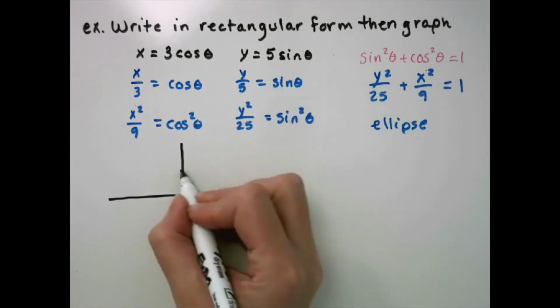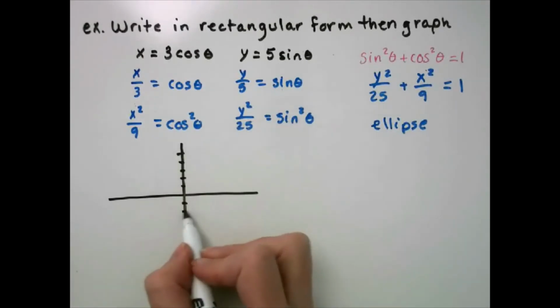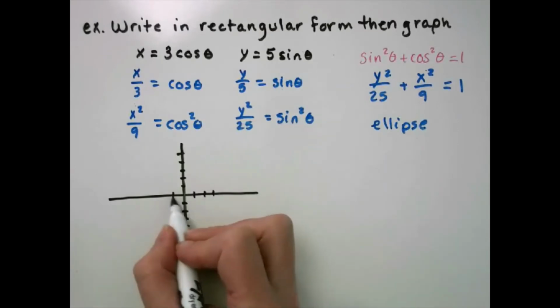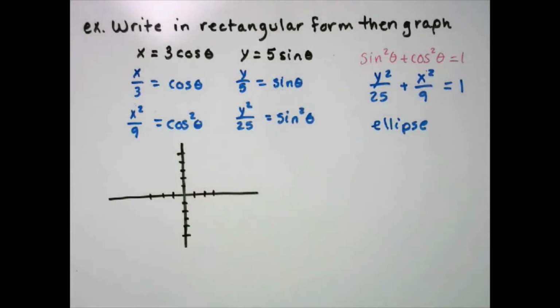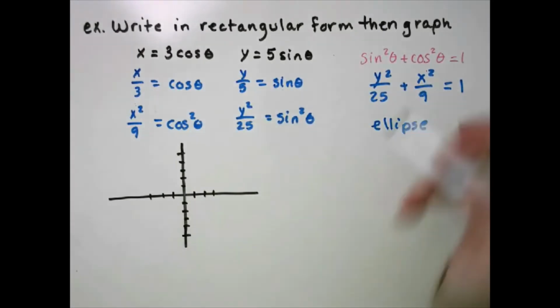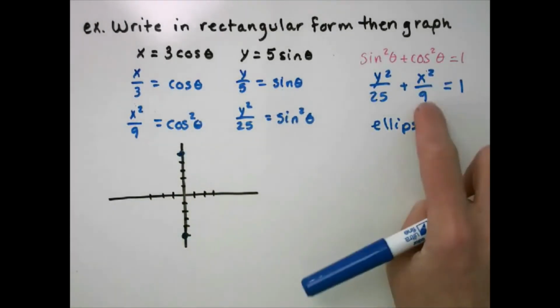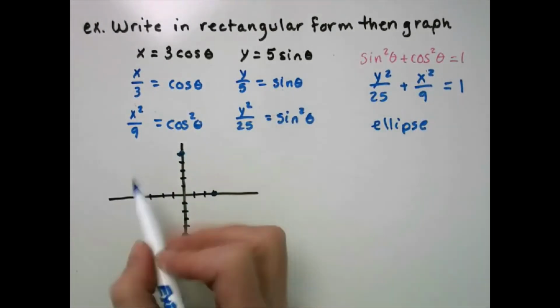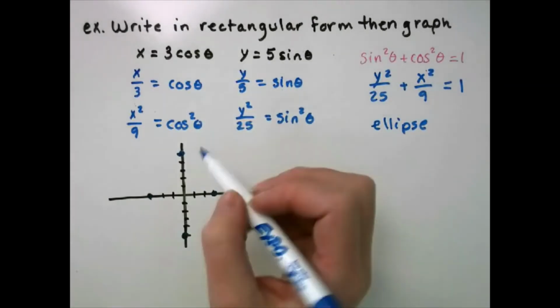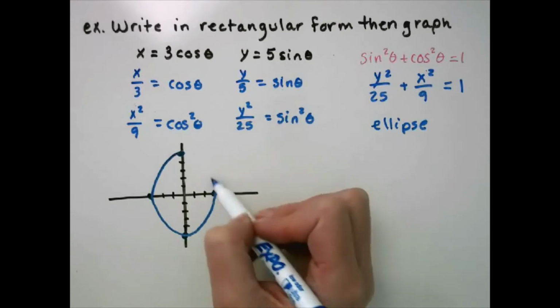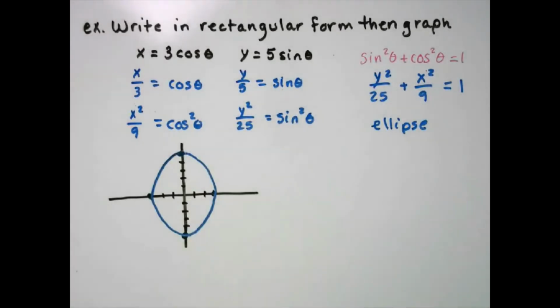So remember the length of the axes is the square root of the denominator. So in the y, we're going up 5 and down 5. And then in the x, we're going 3 and negative 3. So we get our ellipse.